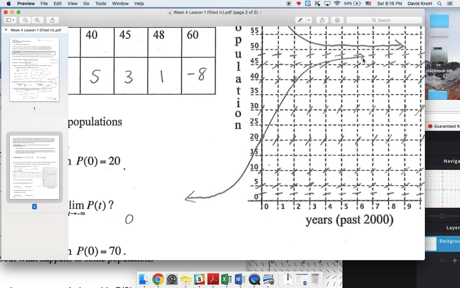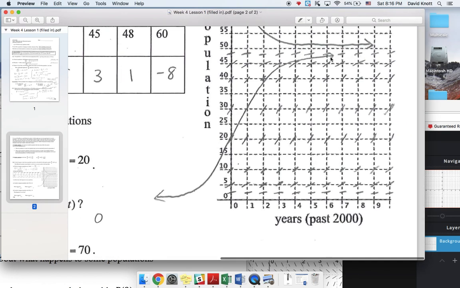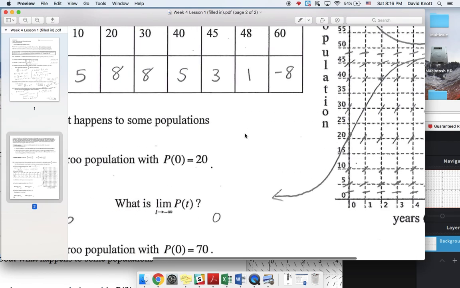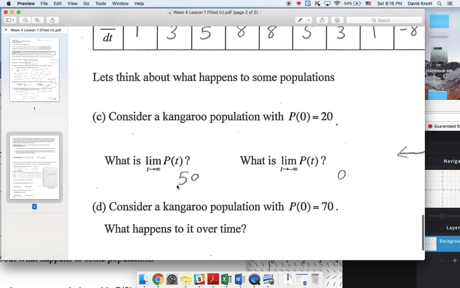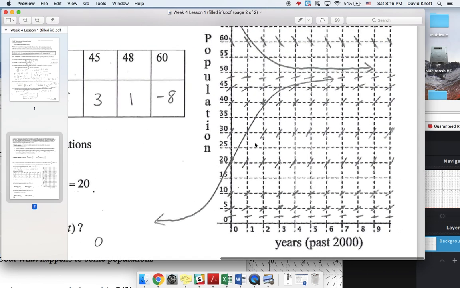And as time goes on, these slopes get flatter, and I'm just gradually approaching that theoretical maximum more and more closely. That kind of analysis is what tells you that the limit as t goes to infinity is equal to 50. Makes sense physically. It's saying that as time goes on forever, the population will gradually approach that theoretical value of 50.